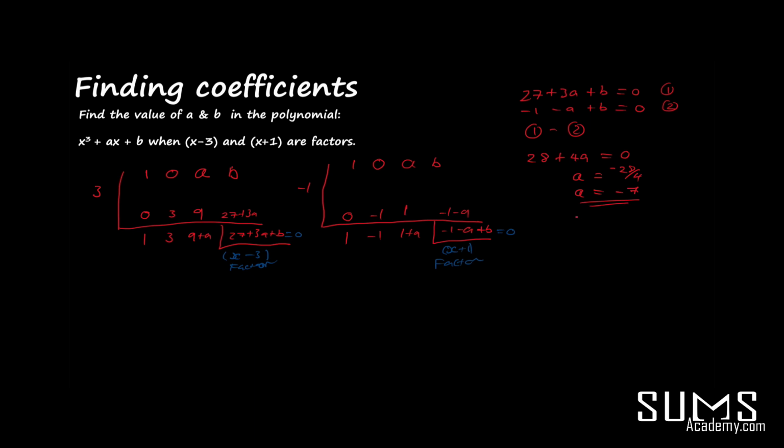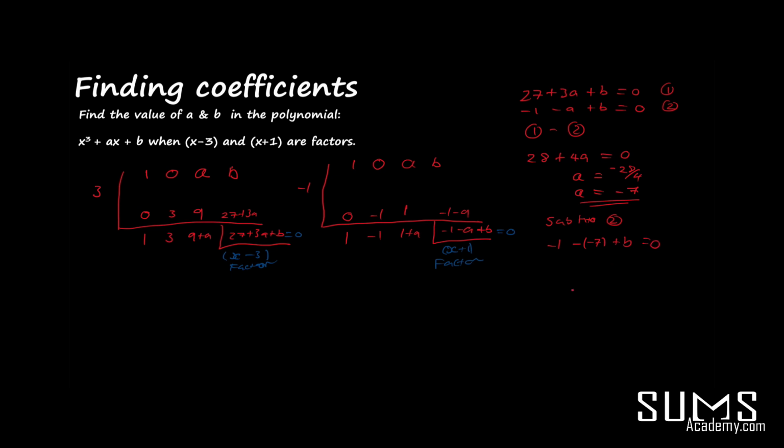Now that I've got that, we can just substitute it back into equation 2. So sub into 2. This becomes negative 1 minus negative 7 plus b equals 0.